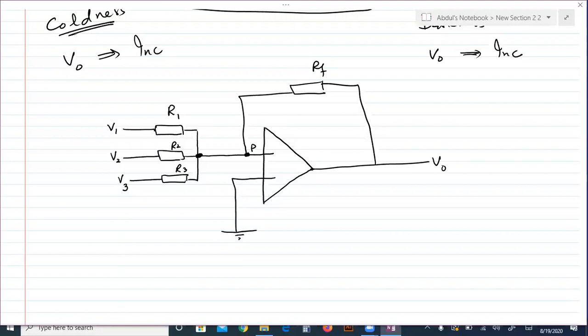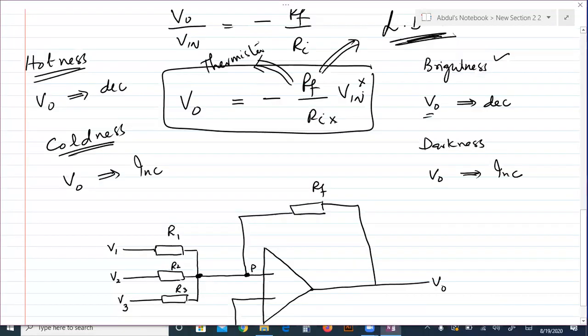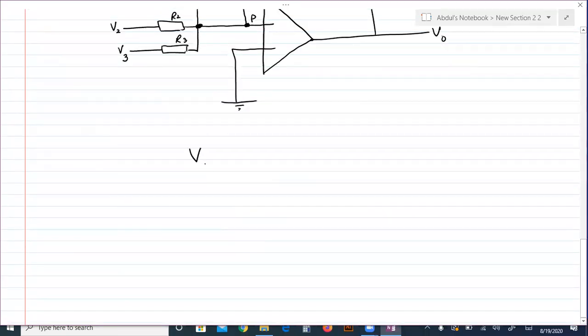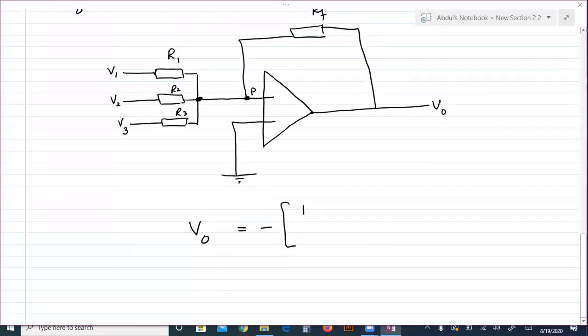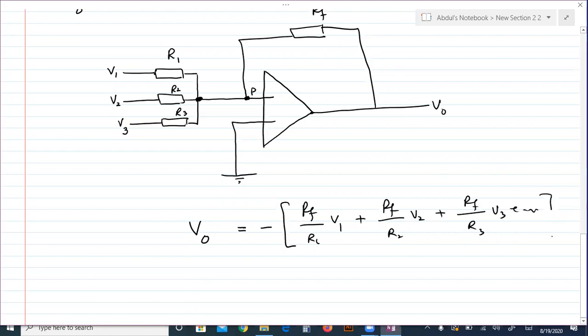Now, we have done the output voltage formula. So here the output voltage formula will be minus, common, we will write step by step, RF over R1 into V1 plus RF over R2 into V2, RF over R3 into V3, and so on.